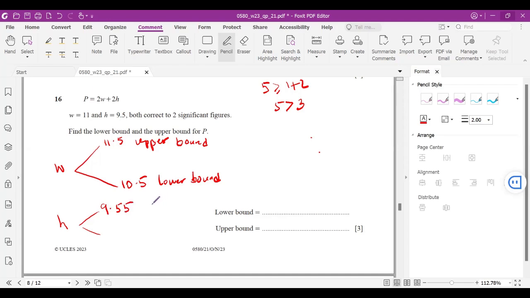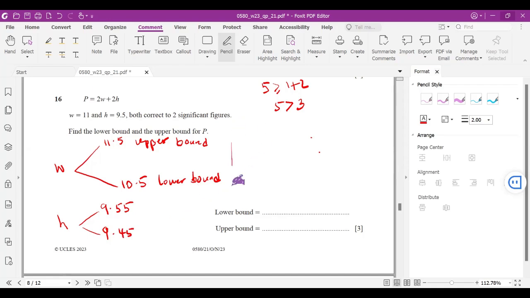Of course, the upper bound is actually approaching 9.55. It is supposed to be 9.54999999, so if you look at it to infinity, it's approximately 9.55. While for the lower bound, we subtract 0.05, so the lower bound is going to be 9.45. 9.45, the lower bound. All right.